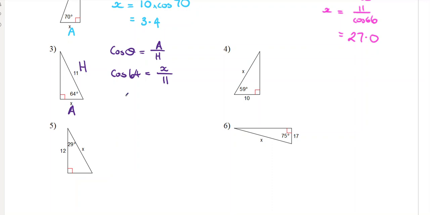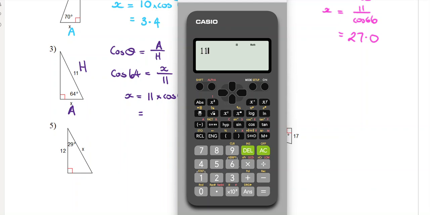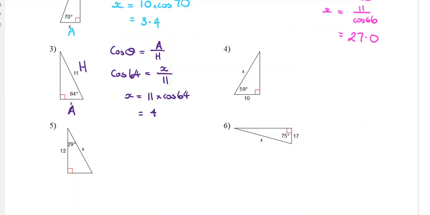If x is on the top, that means we times the 11 with the cos 64. And now we type it in. Four point... Oh, 4.8. Yes, 4.8. I think some of the rest of you need to give me some answers too.